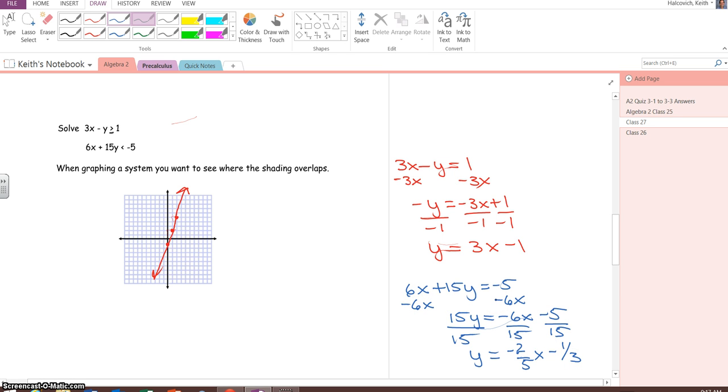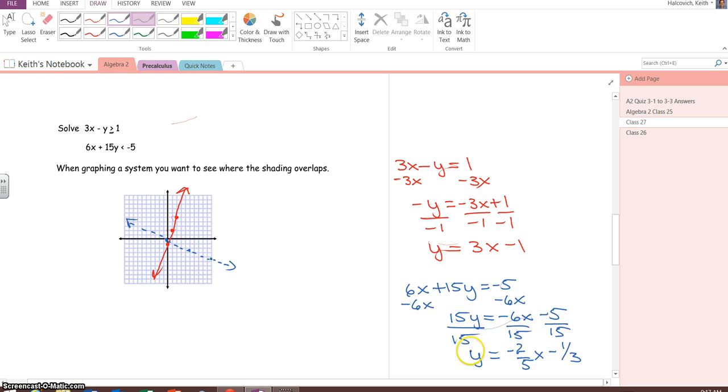So negative 1/3 is right here. And then we go down 2 to the right 5. Down 2 and to the right 5, puts it right there. And it's going to be a dotted line, like that.